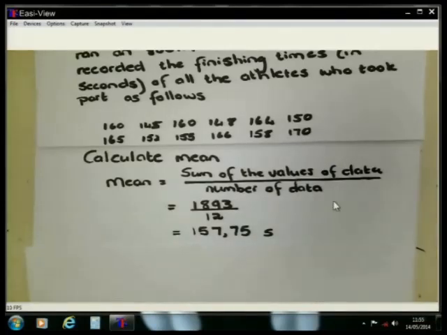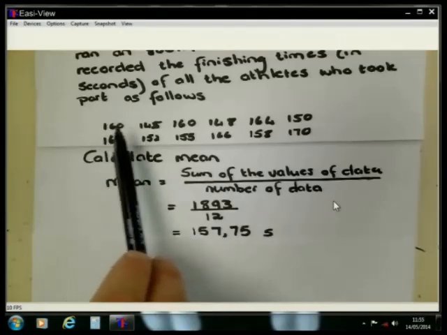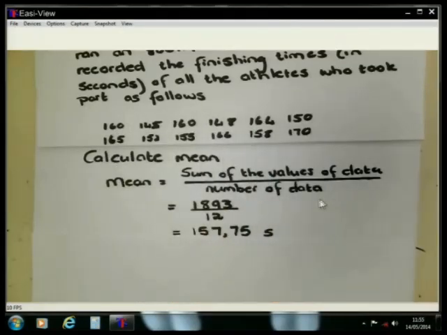We add all of them together. And then we divide by the number of data that is appearing in the set. And when we counted them, we saw that there were 12 numbers in this data set. Then we divide the value where we added all the values by the number of data in the set, and I get my answer.